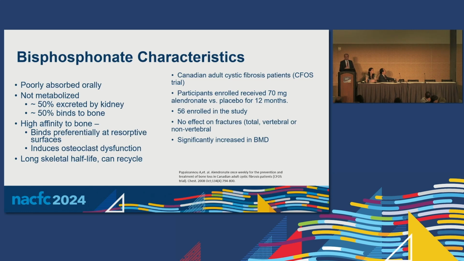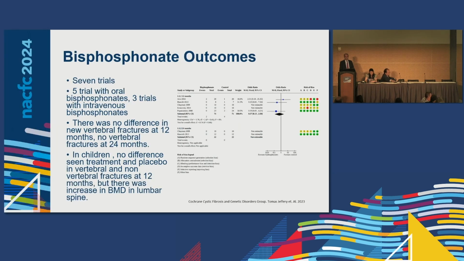And you may ask, why were there no effects on fractures? That's because a huge number of patients have to be enrolled in the study, for a prolonged period of time, to see a fracture difference. But there was significant improvement in bone mineral density, which was definitely a win.